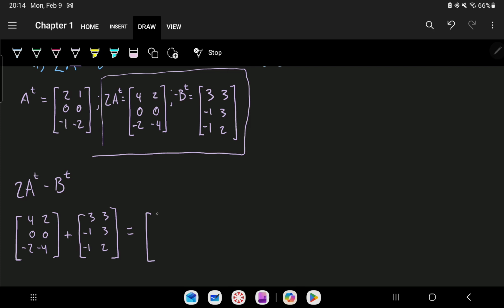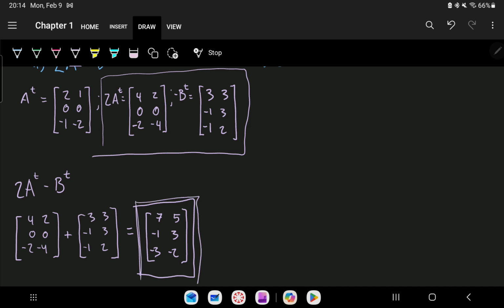So 4 plus 3 is 7. Going across the rows this time, we have 2 plus 3 is 5. 0 plus negative 1, negative 1. 0 plus 3 is 3. Negative 2 plus negative 1, negative 3, and negative 4 plus 2 is negative 2. And that is our answer.